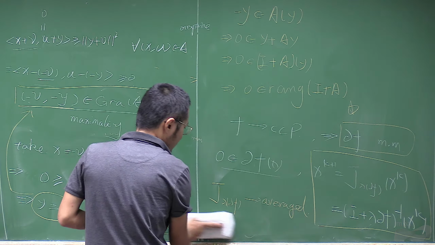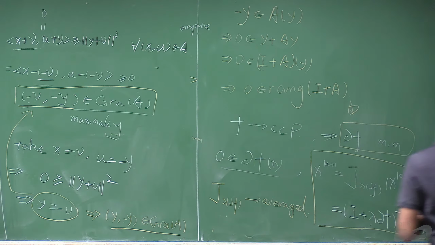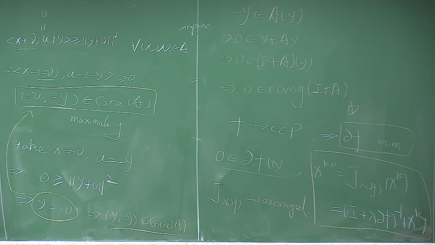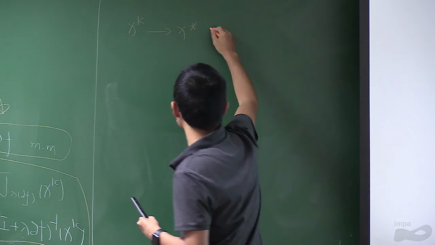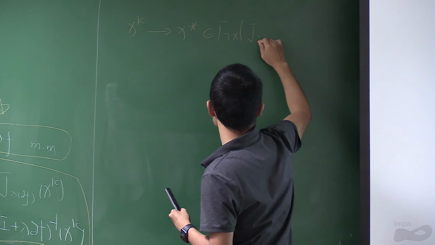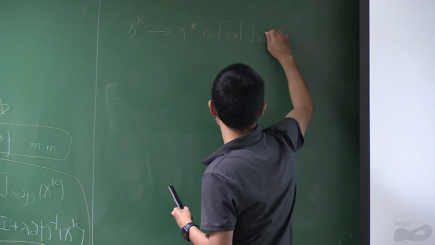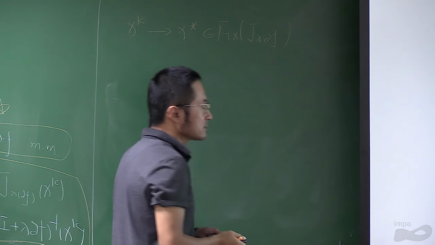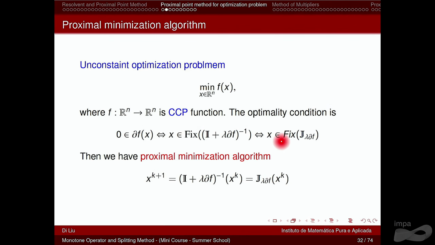I write it on the other side. The sequence x_k converges to some x star, which belongs to the fixed points of the resolvent of the subgradient of f.